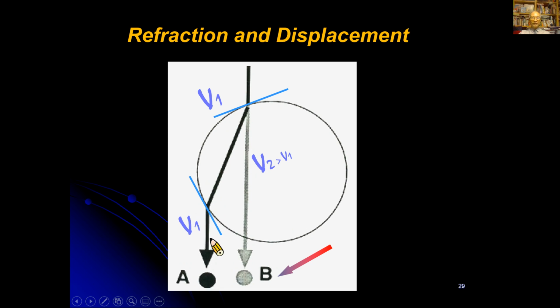So you can see the sound goes like this, but because the machine thinks the reflector should be in a straight line, that a sound beam should penetrate the structure in a straight line, the structure will be placed in this area. So B is falsely displaced.